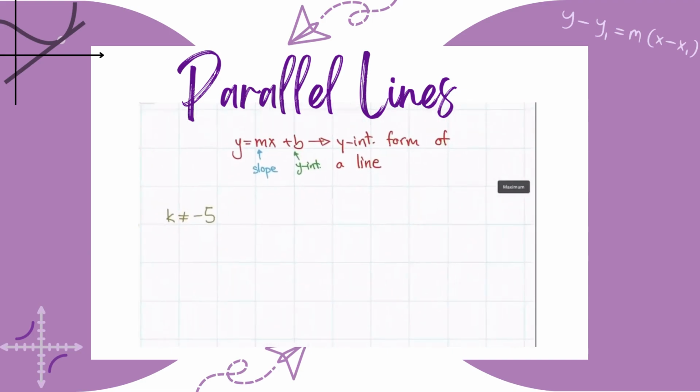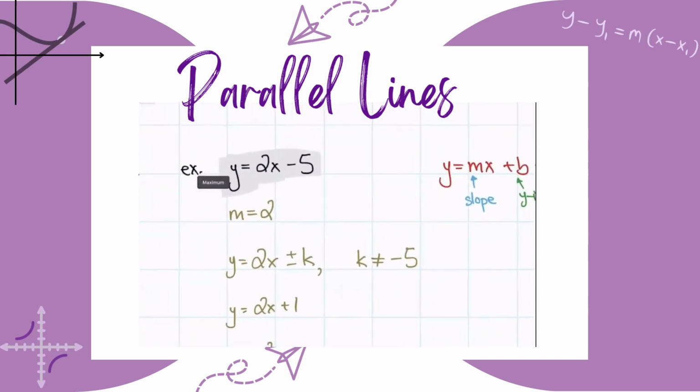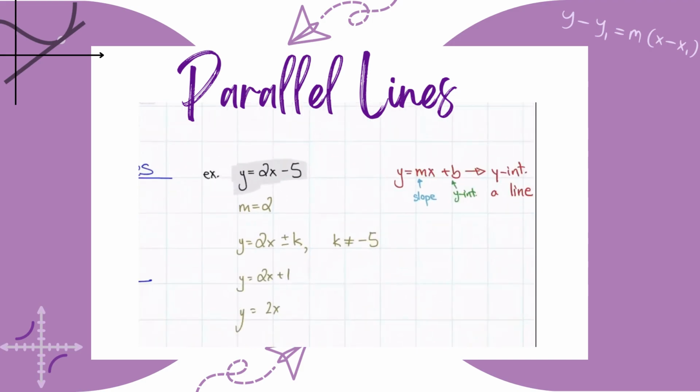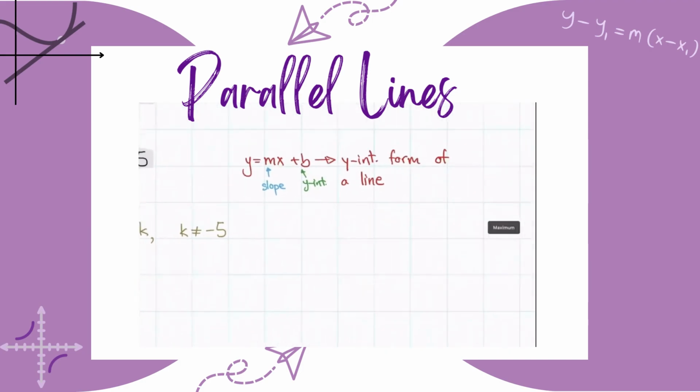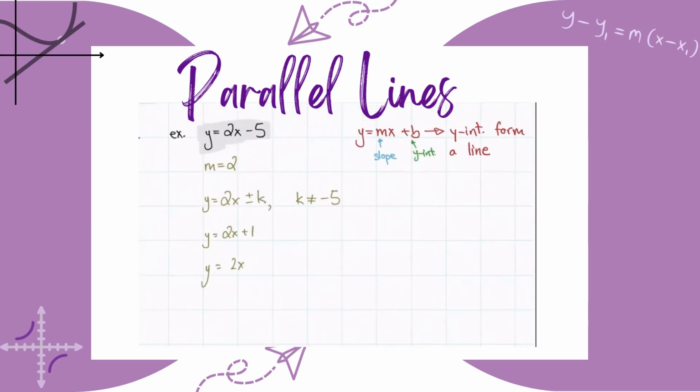If we were given a question that said find another line that's parallel to the given line, we could do 2x minus 4. Yep, it could be anything. We just need to make sure that the slope is the same, but the y-intercept is not -5.